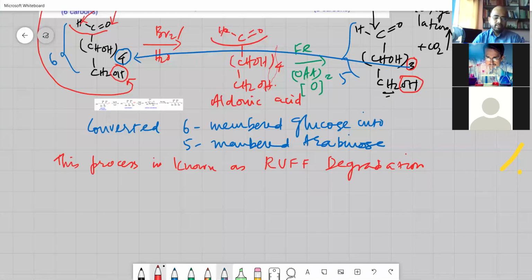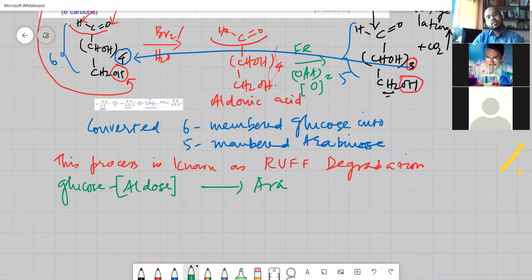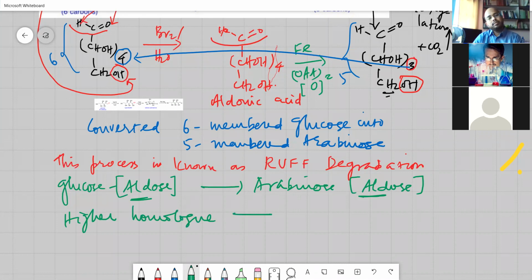Also, one more important thing is, because glucose is aldehydic, you call it an aldose. Glucose is an aldose. It is converted into arabinose, which is also an aldose, because it also has an aldehydic group. So this is higher homolog to lower homolog.